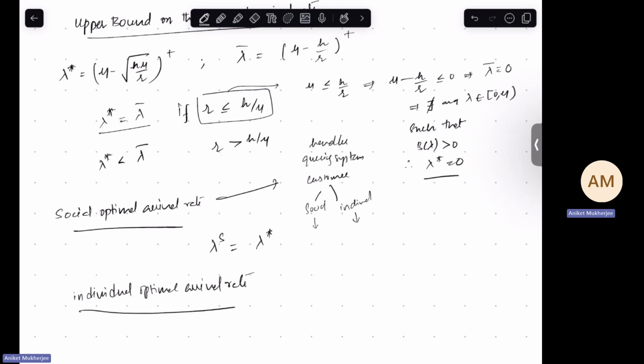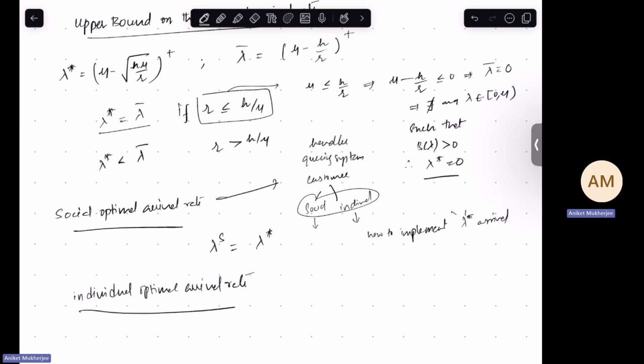So before all this, we also had a discussion on how to implement the arrival rate, right? When we say that we have found the optimal arrival rate lambda star, how do you implement it?